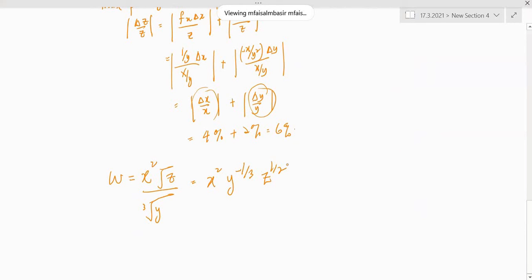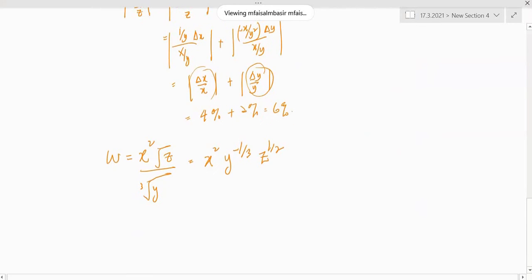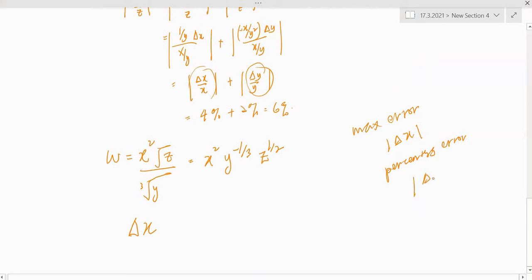And find the maximum error in W using the partial derivative if the maximum error of X, which means del X, maximum error of X, del X. Okay, remember maximum error, which means this percentage will be del X over X. Remember this.